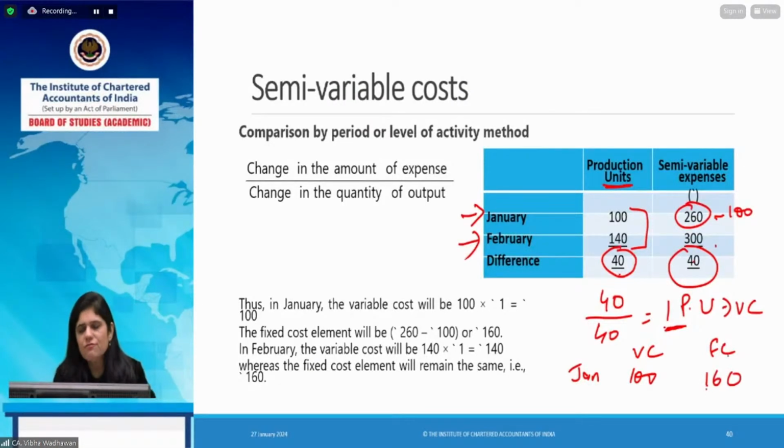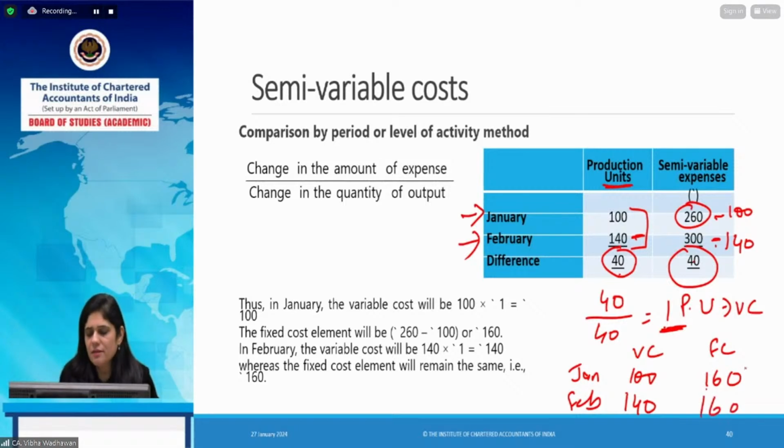Fixed cost, 160. Similarly, for February, units are 140. Variable is 1 per unit, so the variable cost becomes 140. Out of total 300, variable cost is 140. How much is fixed? 160. See, fixed cost should be the same. It should be equal because fixed cost remains constant. Clear? So we have done 3 methods.